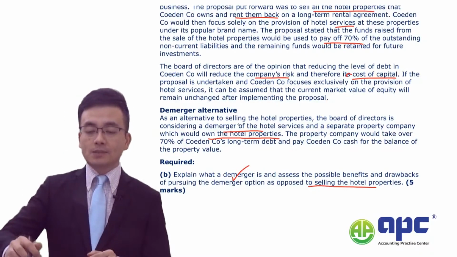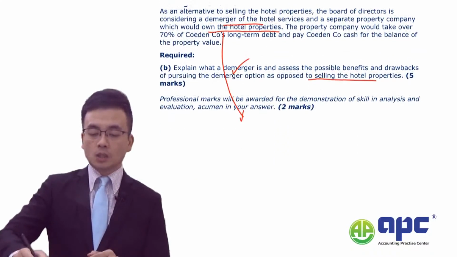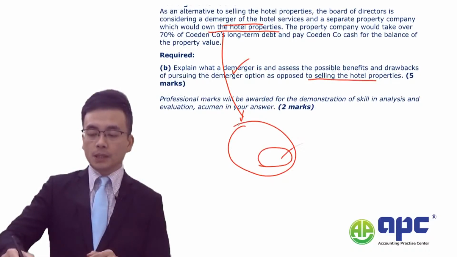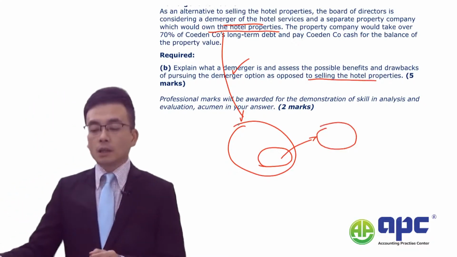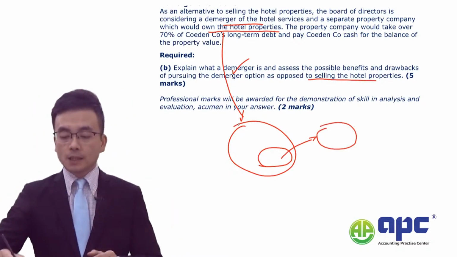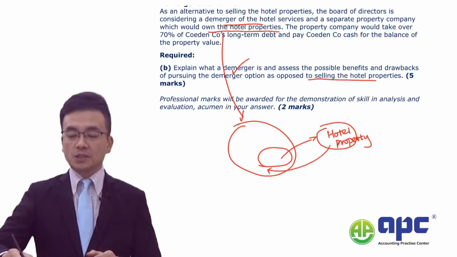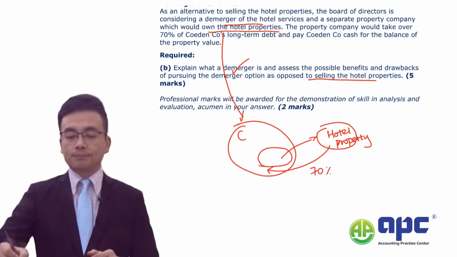So what that means is that instead of selling the hotel properties, but now we're allowing the hotel property to be a new company. And that new company has got the hotel property, and also the company will assume, which means take over 70% of a C company's debt.